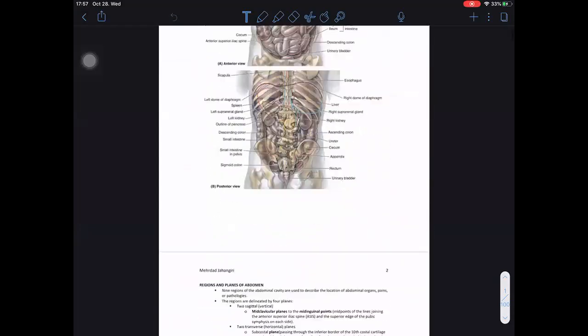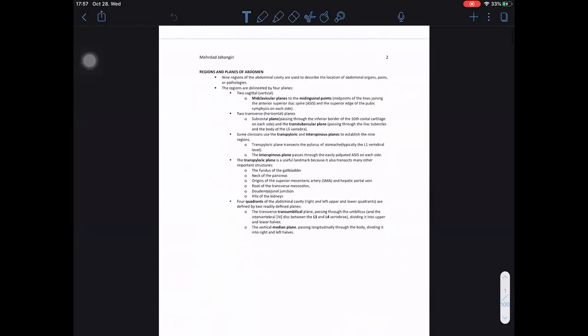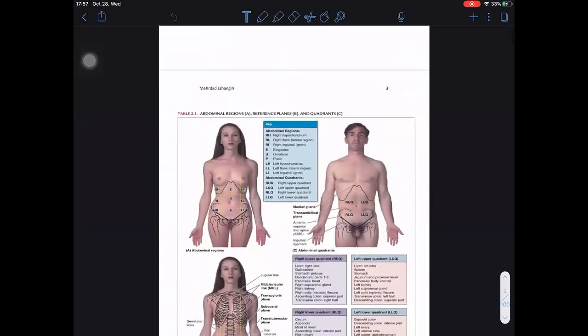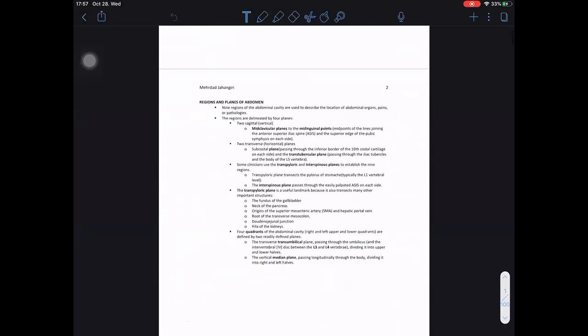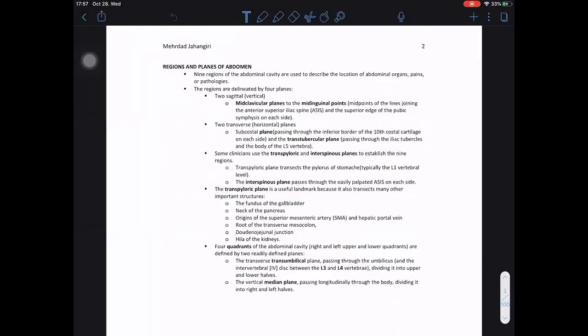All right. So before I start with the abdominal wall itself, we're gonna need some really basic stuff to get a general idea about how we are gonna divide the abdomen into different regions based on the superficial lines on the body.